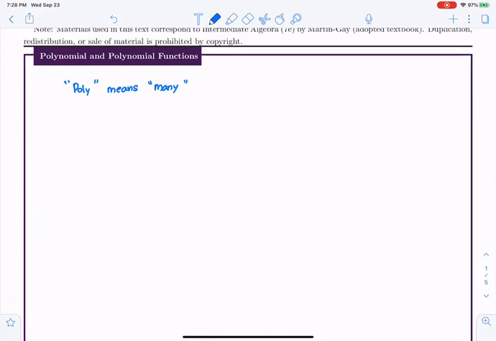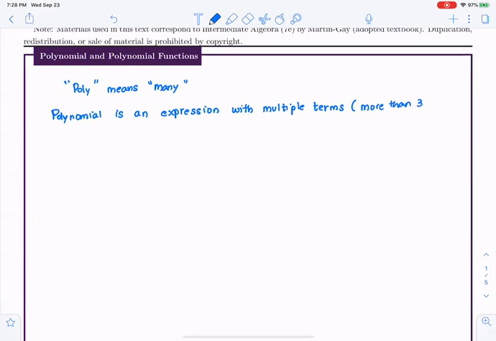So a polynomial is an expression with multiple terms. Typically, when we say multiple, we are saying more than 3. Now, why should we restrict to more than 3? Because the other ones have special names.